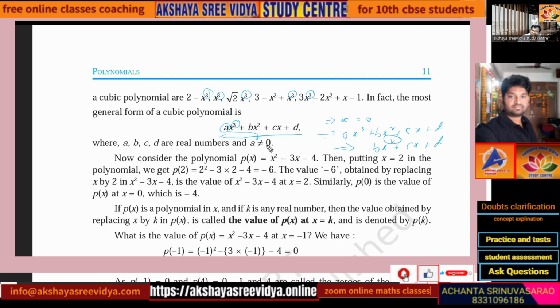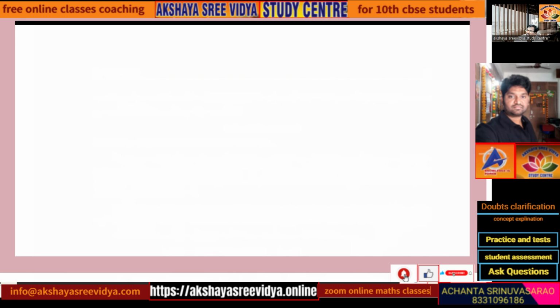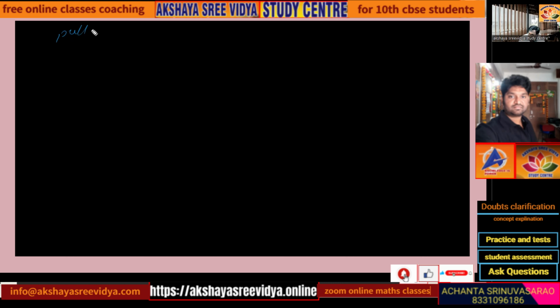This is mentioned. Now consider the polynomial p of x is equal to x square minus 3x minus 4, and that is a quadratic polynomial. Then putting x is equal to 2, this implies p of 2 is equal to 2 square minus 3 into 2 minus 4.